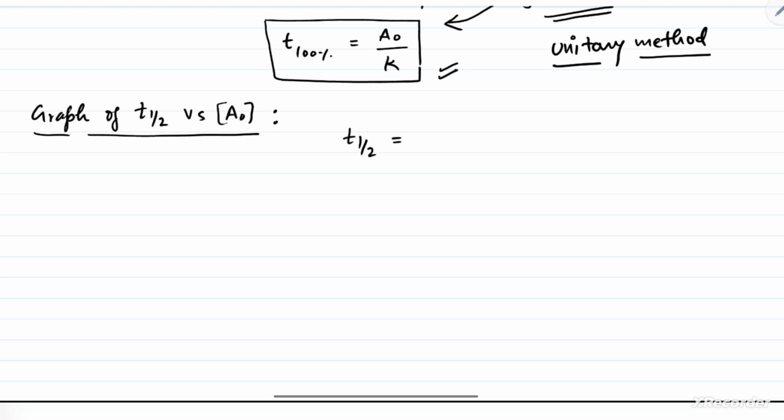T half is equal to a naught by 2k. Now compare these two. We have to plot the curve between t half versus a naught. We can write y is equal to mx plus c. Here we have plus 0, so the intercept is going to be 0.